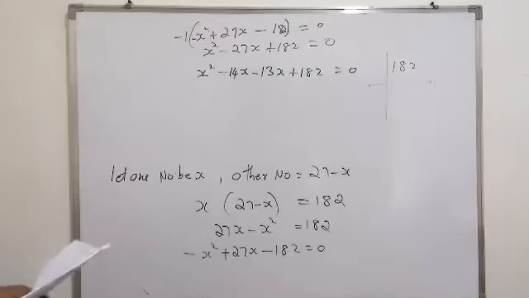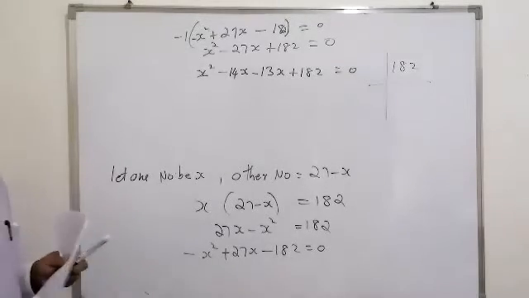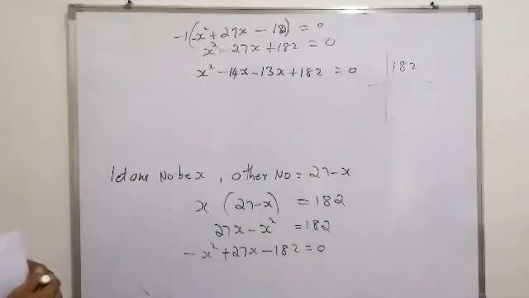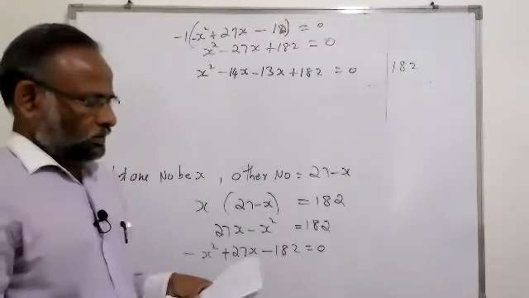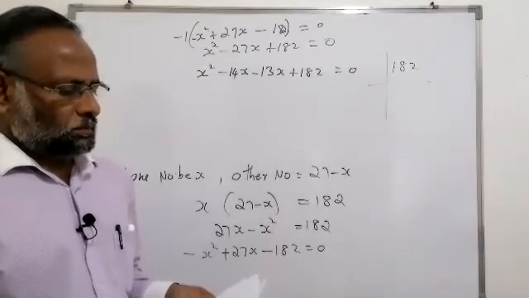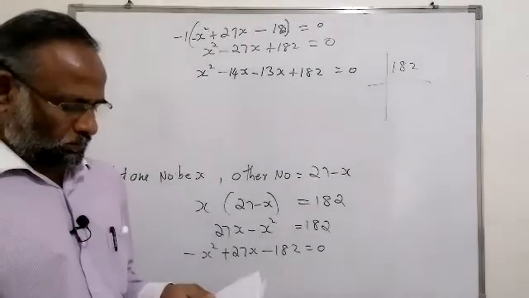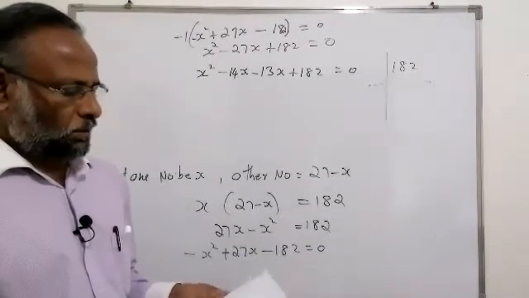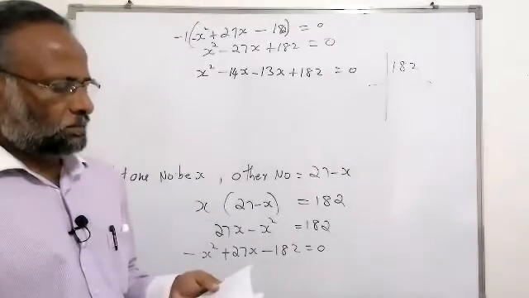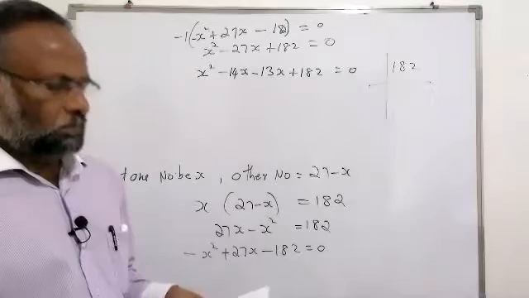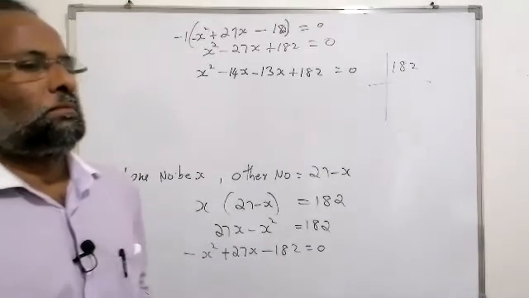Exactly, 27 is equal to 14 plus 13, minus 1. Now, what did you get, x is equal to? Tell me what x is equal to. x is equal to 13 and 14.